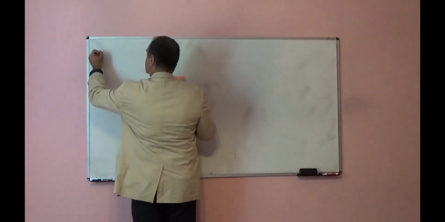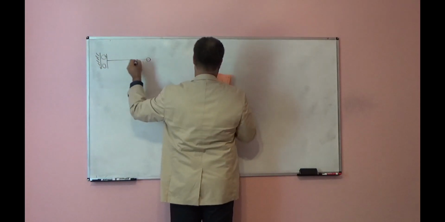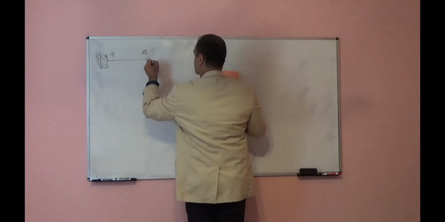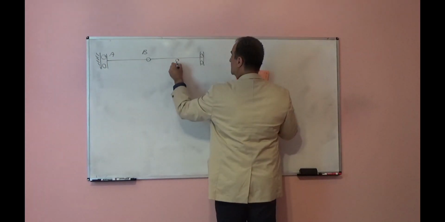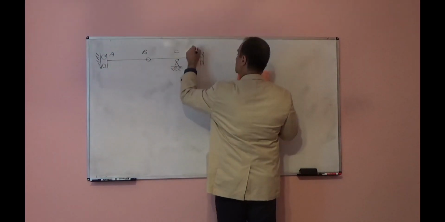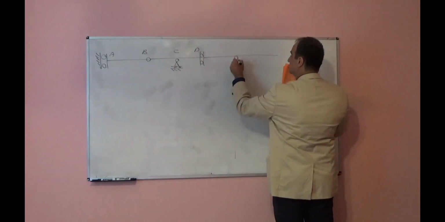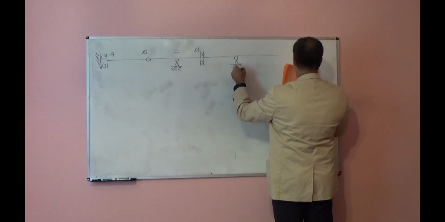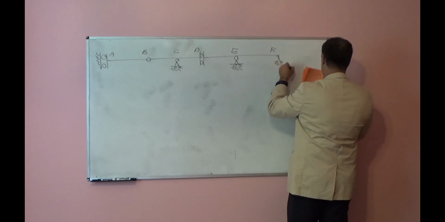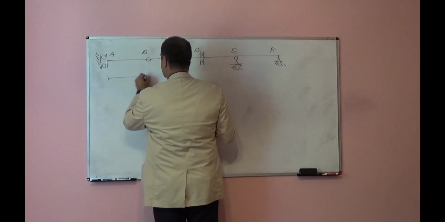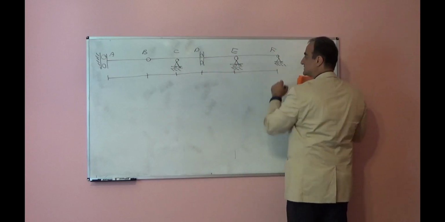Next example is this example. A, B, C, D, E, F. The length of each segment is L. Of course, I didn't draw it to scale, so sorry.